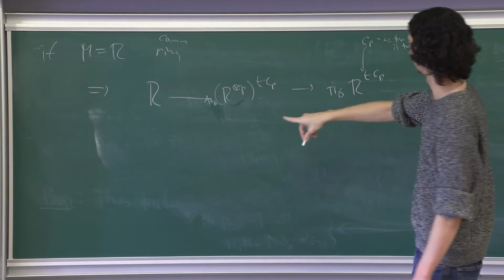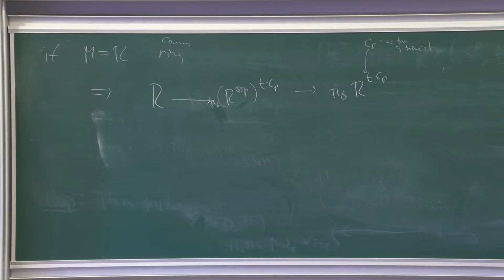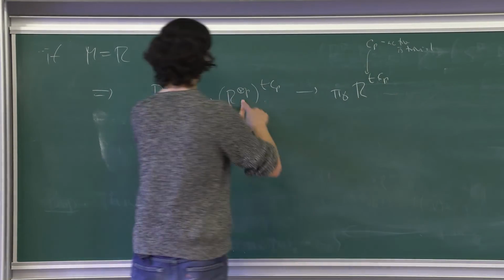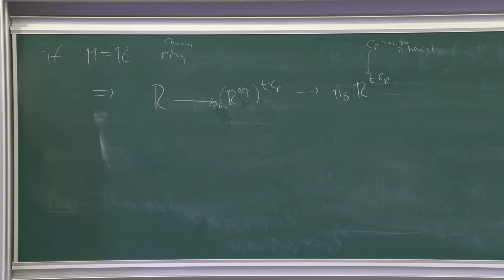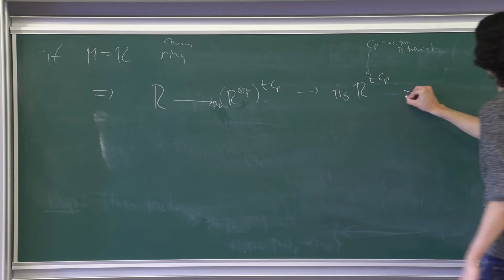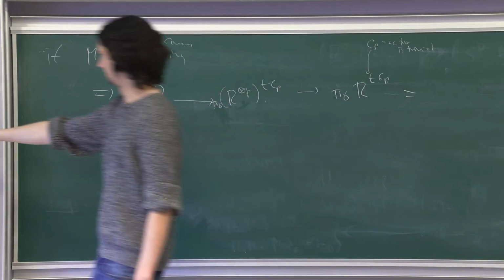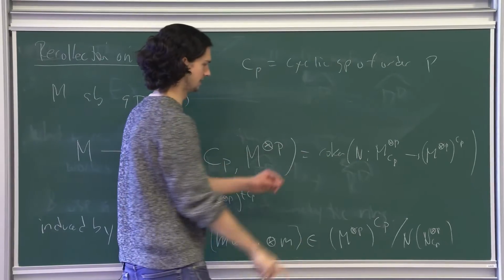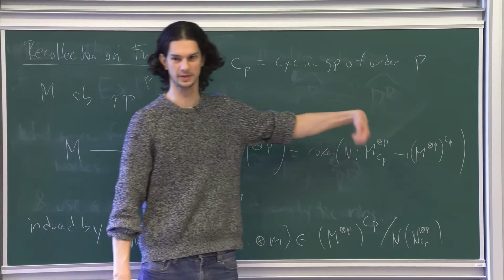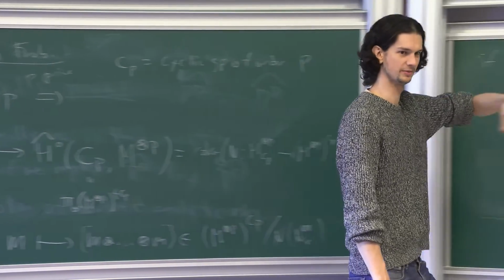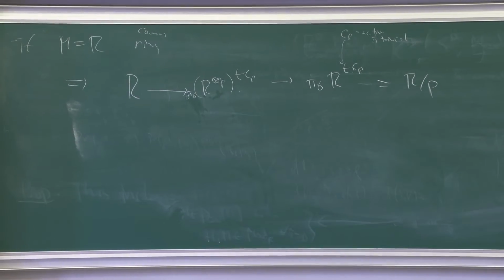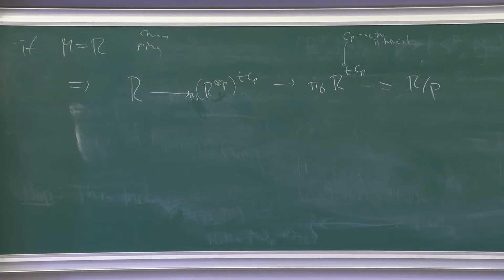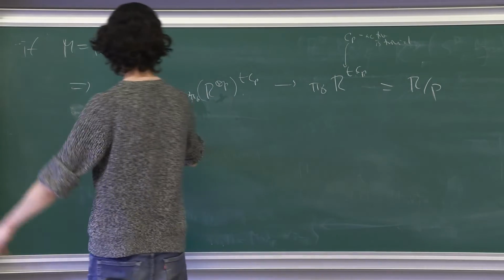Here you're using that the ring is commutative, so that it's a CP equivariant map. Multiplication is a CP equivariant map from R tensor P to R. But now since the CP action is trivial, this is doing nothing, and then the norm map is usually summing over the action of the group, but the group is trivial, so you're just summing over P copies of 1. So this really is just R mod P. And if you trace through, this is the Frobenius, just by the same formula.